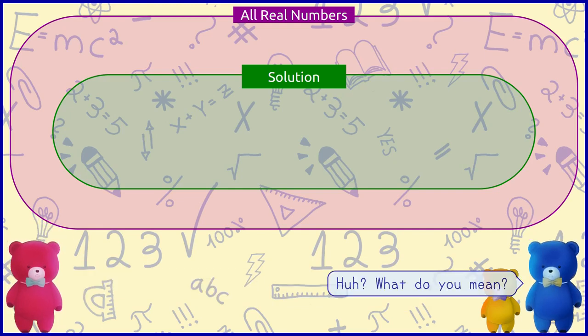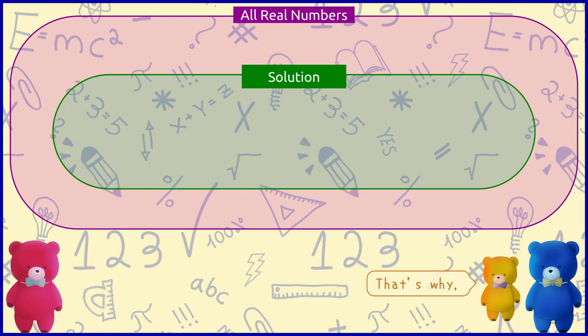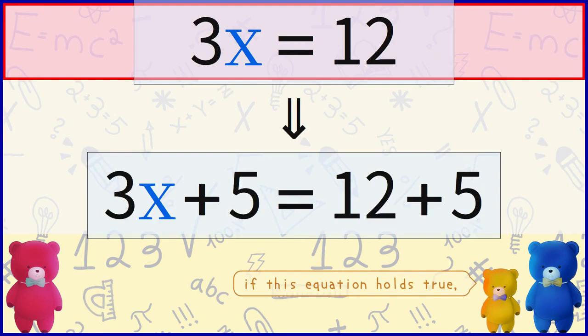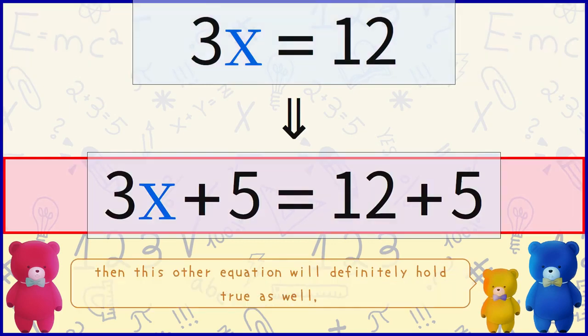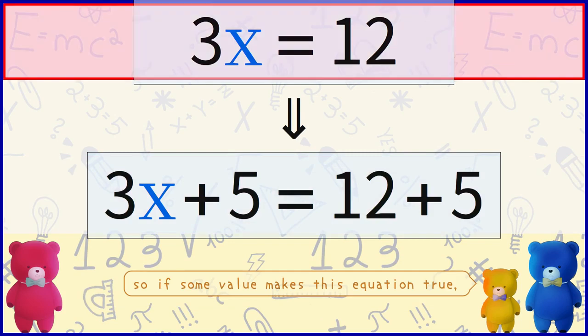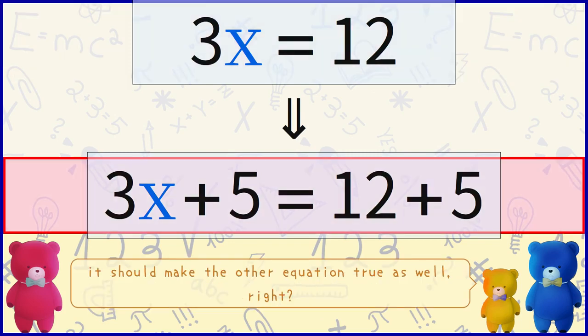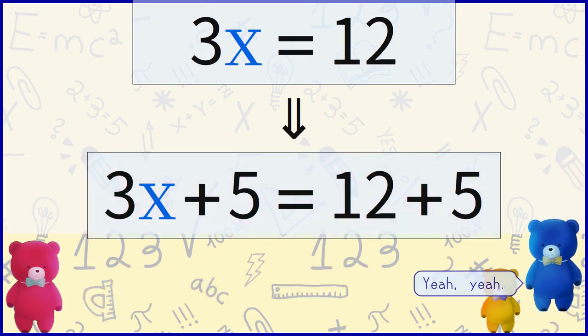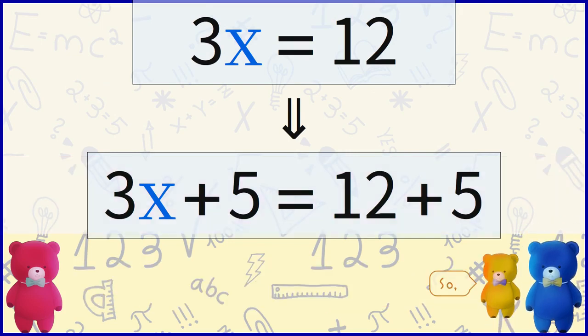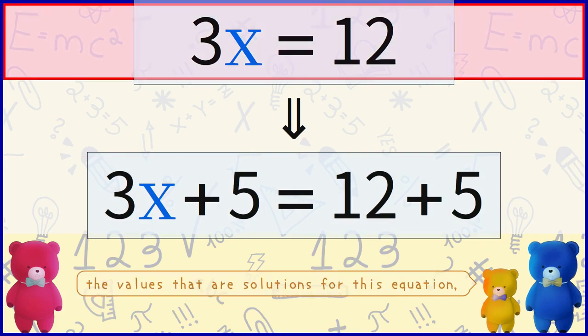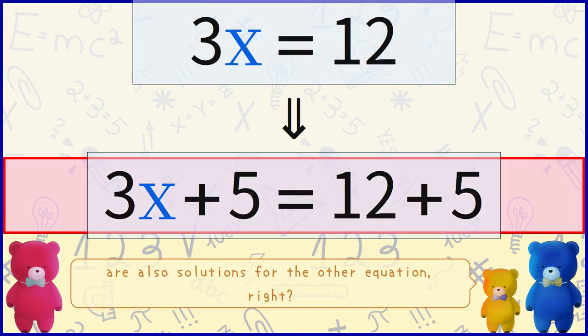Oh, what do you mean? That's why. If this equation holds true, then this other equation will definitely hold true as well. So if some value makes this equation true, it should make the other equation true as well, right? So the values that are solutions for this equation are also solutions for the other equation, right?